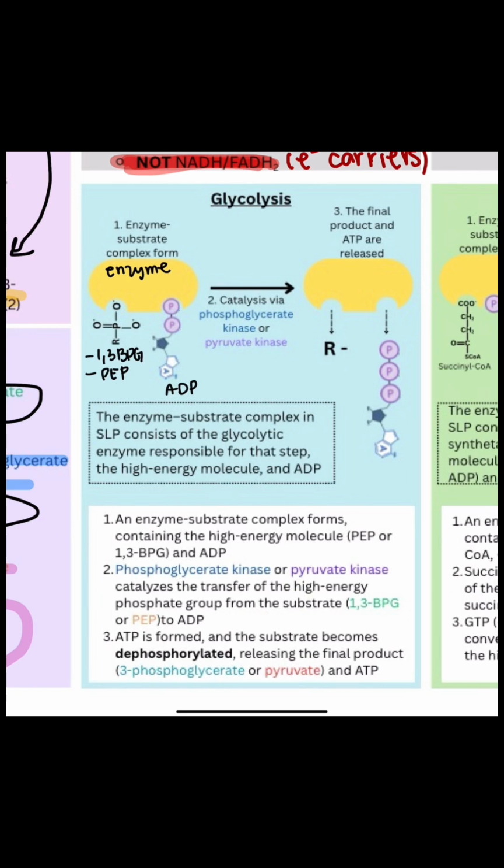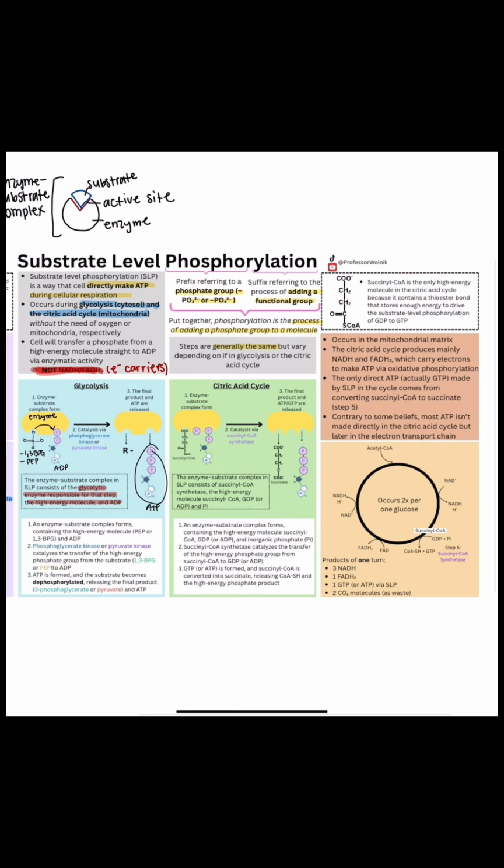Once the enzyme binds to its substrates and forms that enzyme substrate complex, the phosphate group in the high energy molecule is going to transfer to ADP to form ATP. So just remember, for SLP to happen, we need all 3 parts. We need that glycolytic enzyme, we need the high energy molecule, and we need ADP.